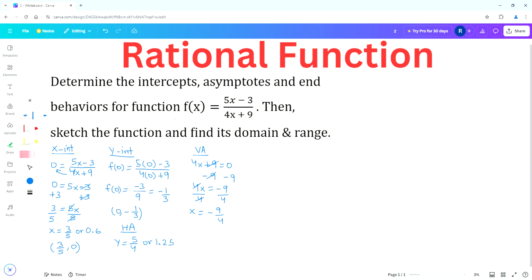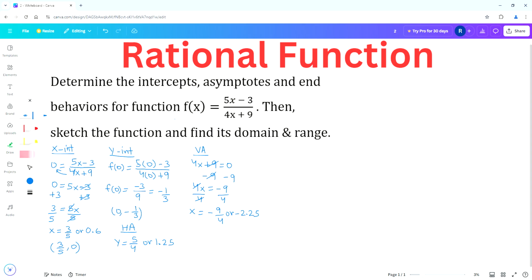I get x equals negative 9 over 4 or negative 2.25. So this is the equation of the vertical asymptote.